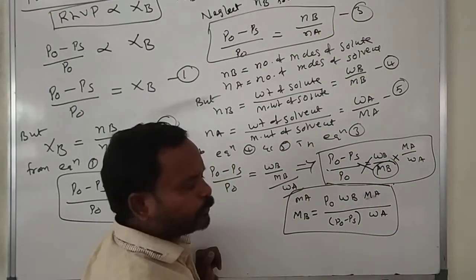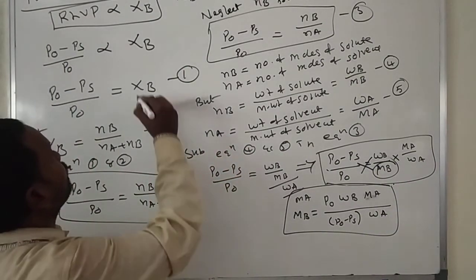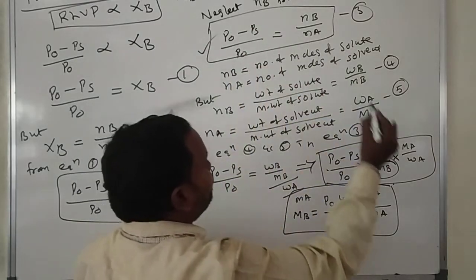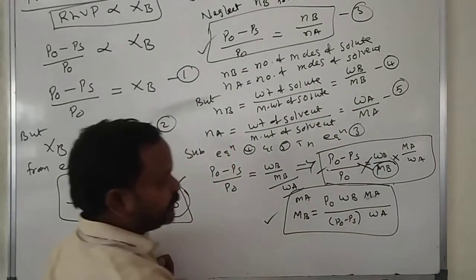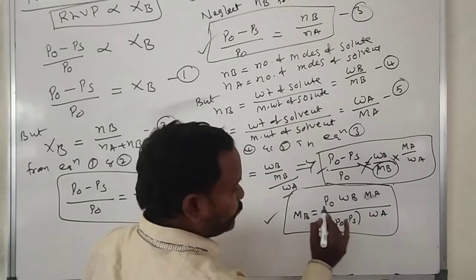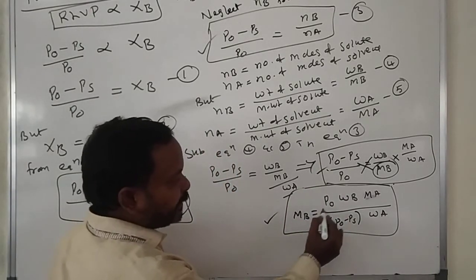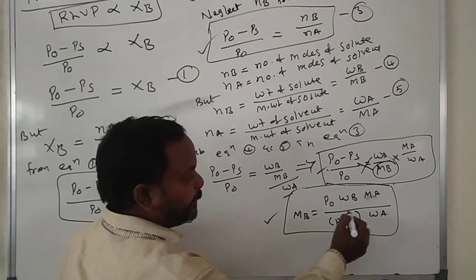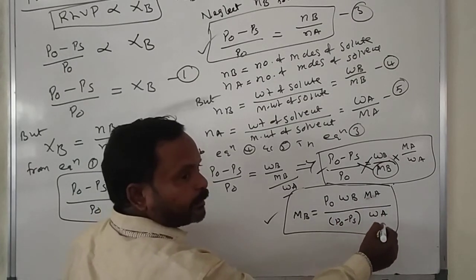This is the principle, so many principles. Mb is equal to P naught Wb Ma by P naught minus Ps into Wa.